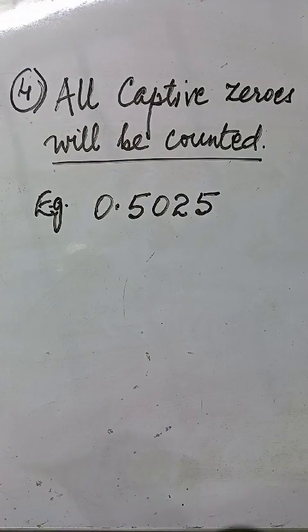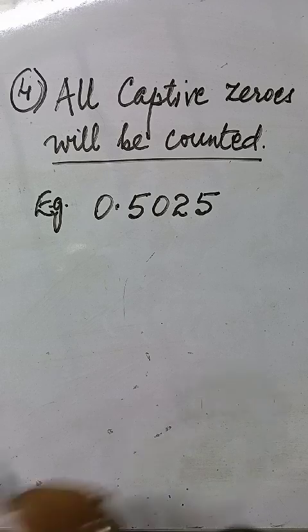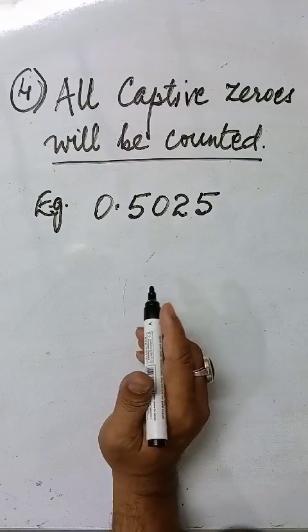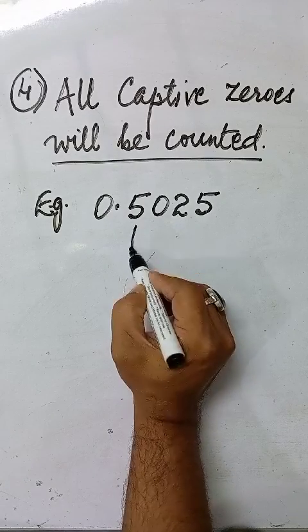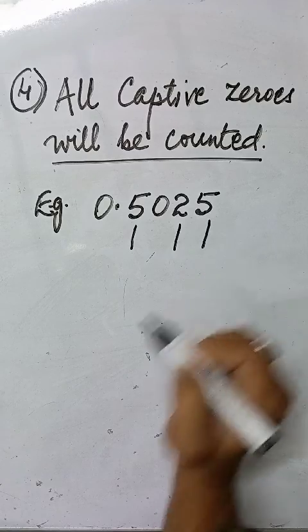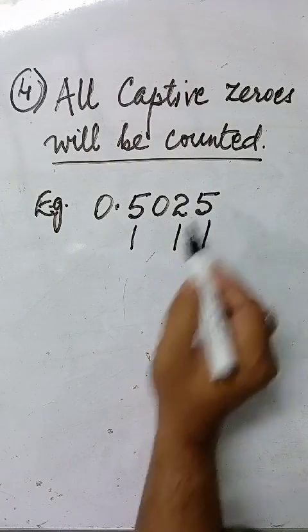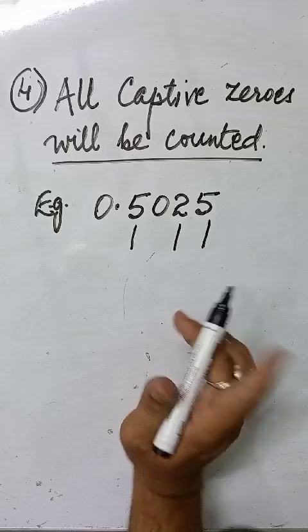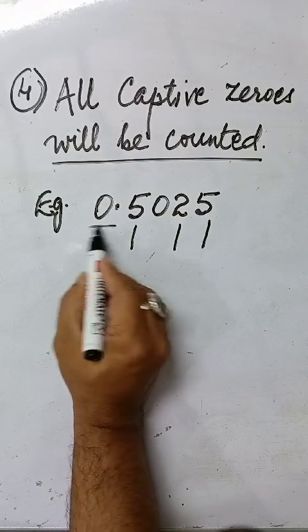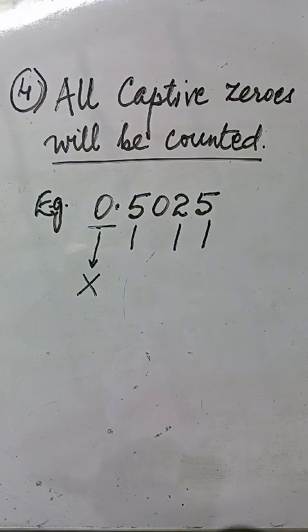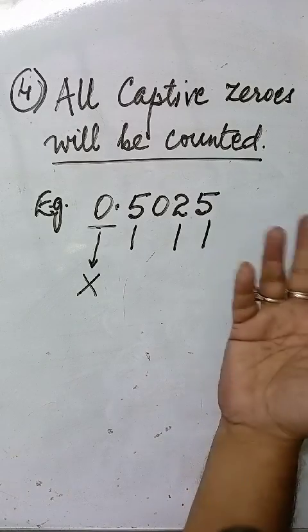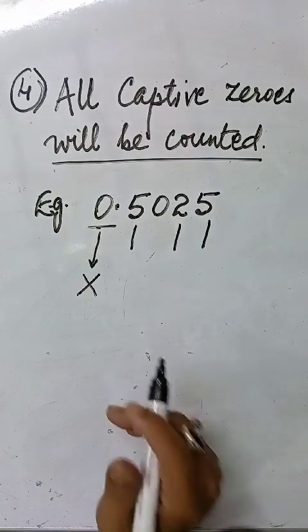0.5025. Let's say this is your number. Let's go to the very first rule. First rule said all non-zero digits will be counted. So we will count these 3 digits certainly. Then comes, are there any leading zeros? Yes, you can see there is one leading zero. So the leading zero will not be counted according to the second rule. Are there any trailing zeros? No trailing zeros, so that third rule does not apply here.